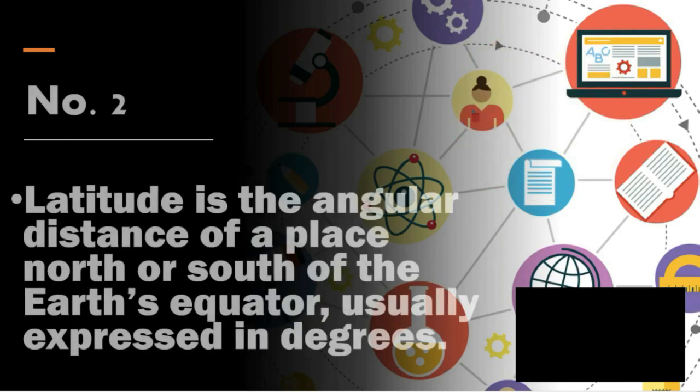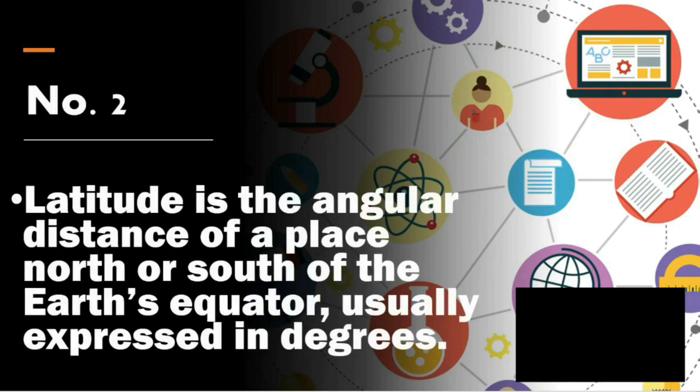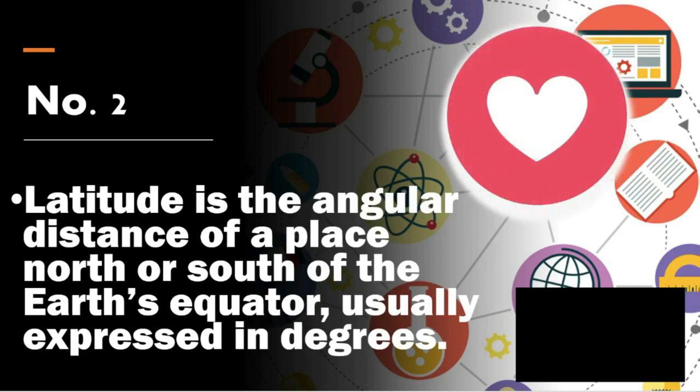Number 2. Latitude is the angular distance of a place north or south of the Earth's equator, usually expressed in degrees. The timer starts now. Time's up. The answer is heart icon.